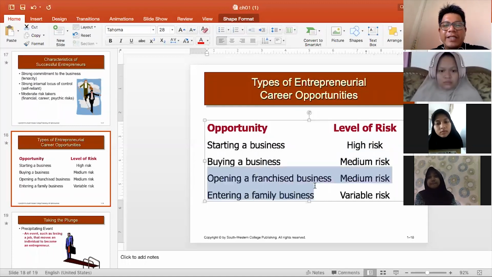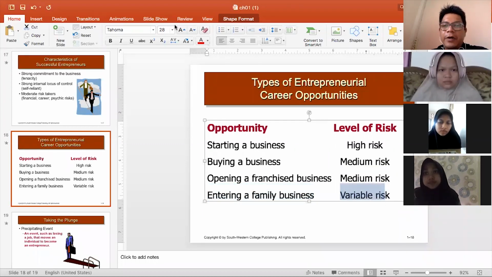When you open a franchise business, it is also medium risk, because usually franchise businesses are in a growth phase, right? So they are brave to franchise their business. Entering a family business has a variable risk. It's not always high, always medium, or even low.